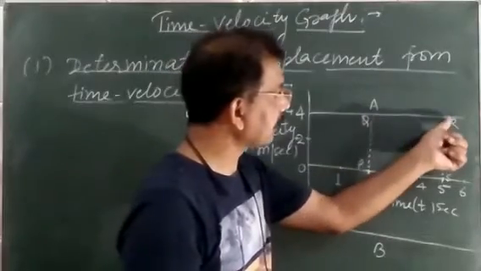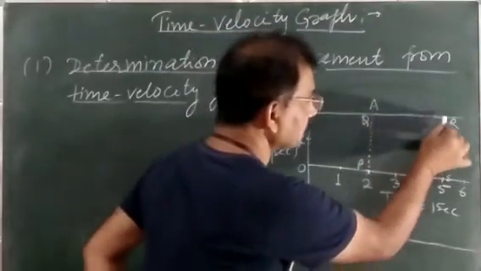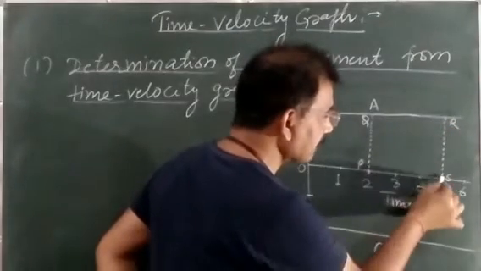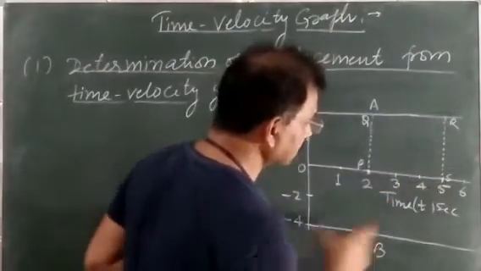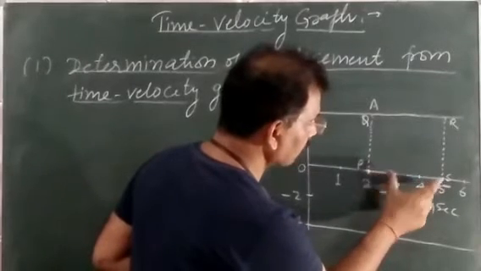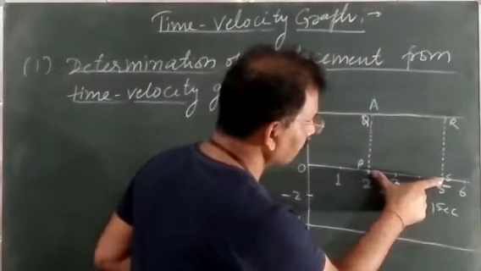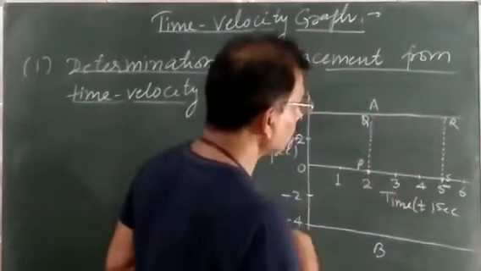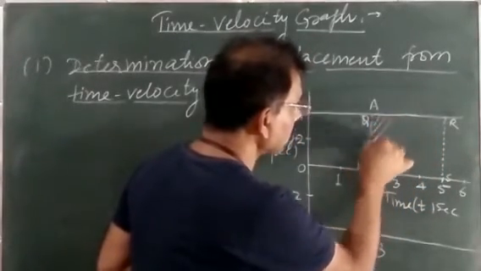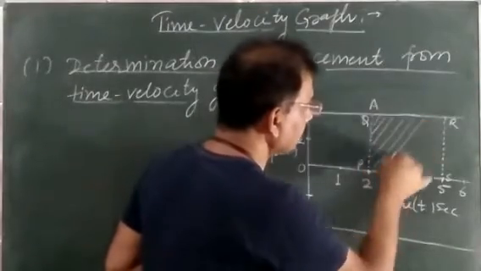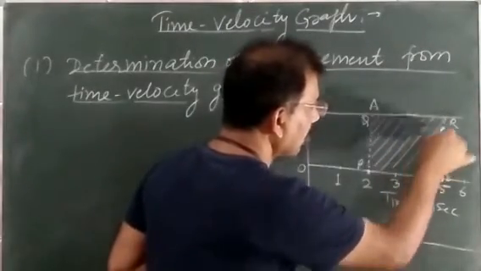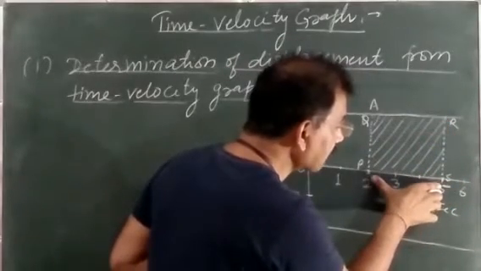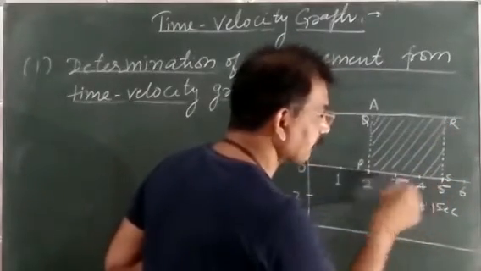Where they cut the velocity time graph, in that region under the time axis, between which we want to find the displacement, you will calculate the area of the velocity time graph under the time axis for that interval of time.